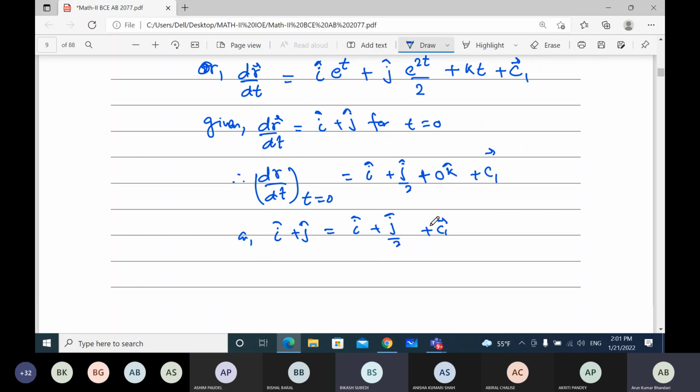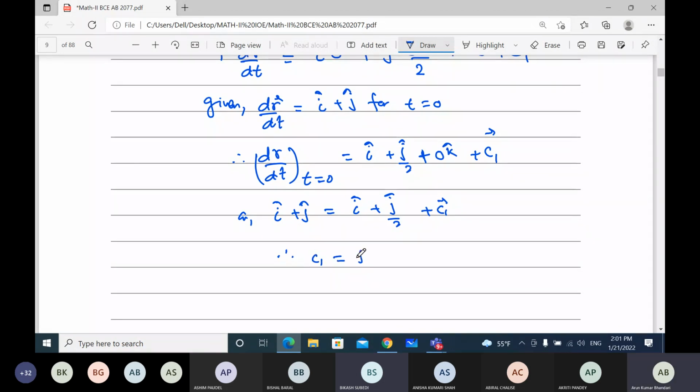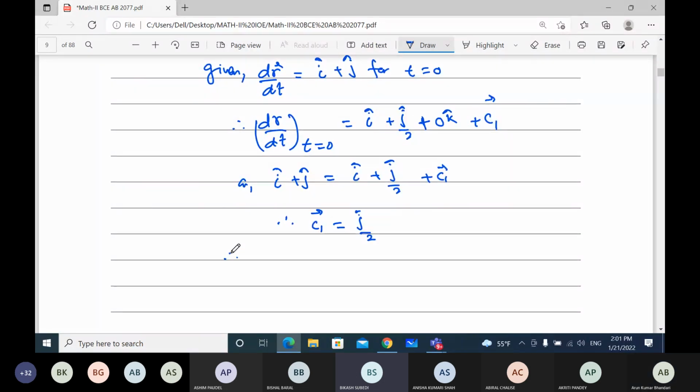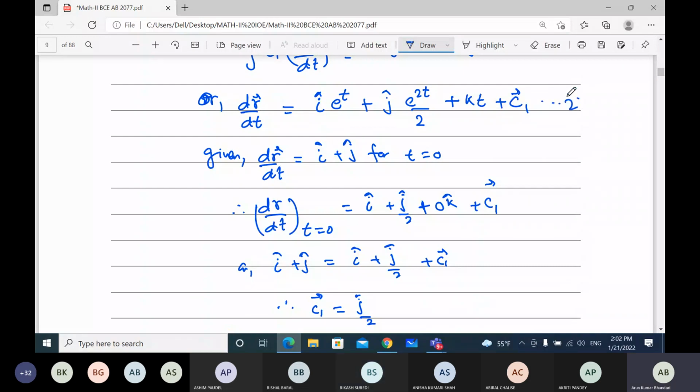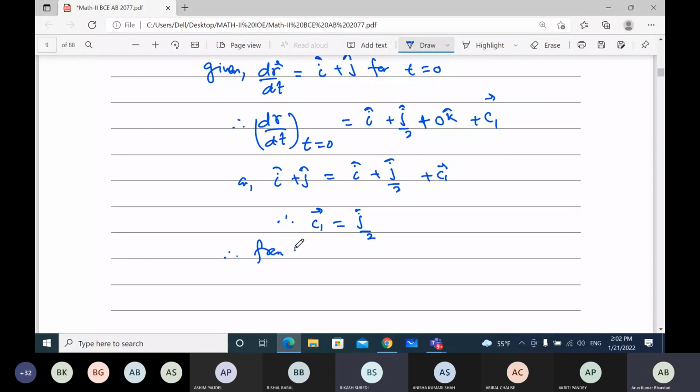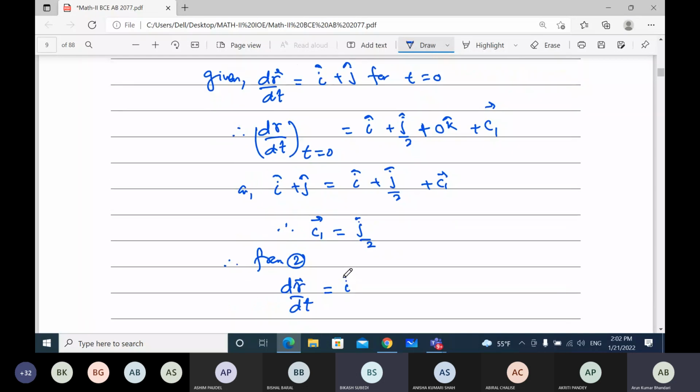Therefore c1 is j by 2. Therefore, from this, dr by dt is equal to i e^t plus j by 2 e^(2t) plus kt plus j by 2.